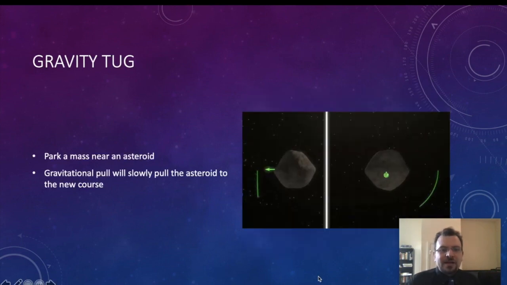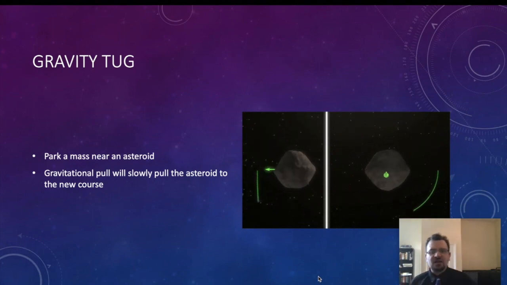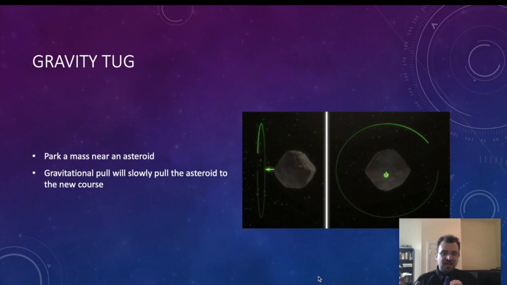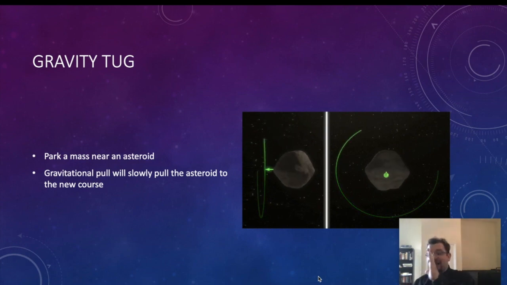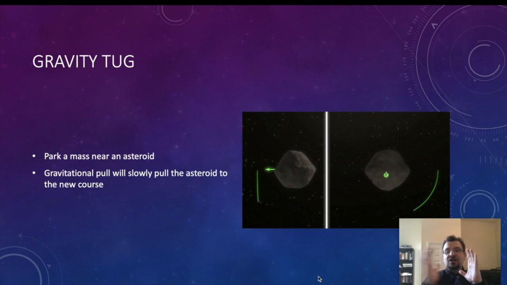So we could also park a gravity tug near it. You could put a large, massive satellite next to one of these, and that mutual gravitational attraction is going to pull the satellite we park towards the asteroid, and thanks to Newton's third law, the asteroid toward the satellite.